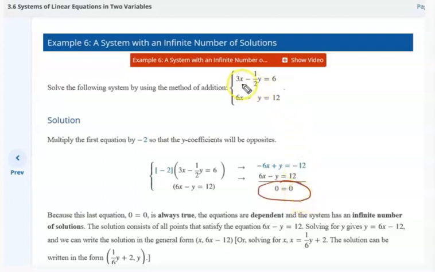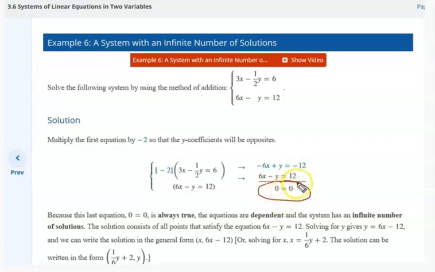So looking at these equations, these are actually the same equation disguised in algebra. Because when we got to them, notice we have a negative 6x plus y equals a negative 12. If I multiply this one by a negative, I get the same thing. But having the opposite signs, everything cancels out. Now, does 0 equal 0?